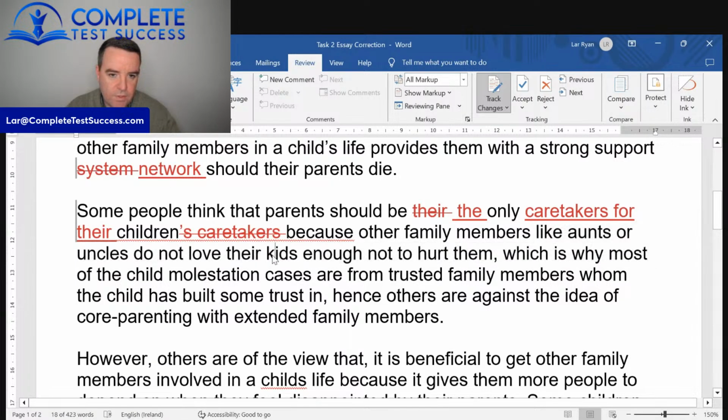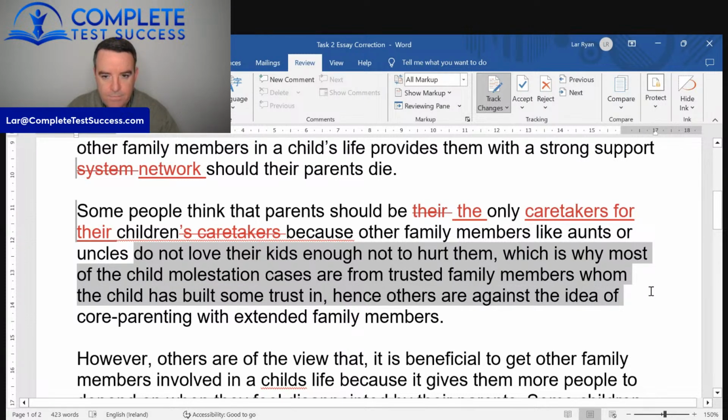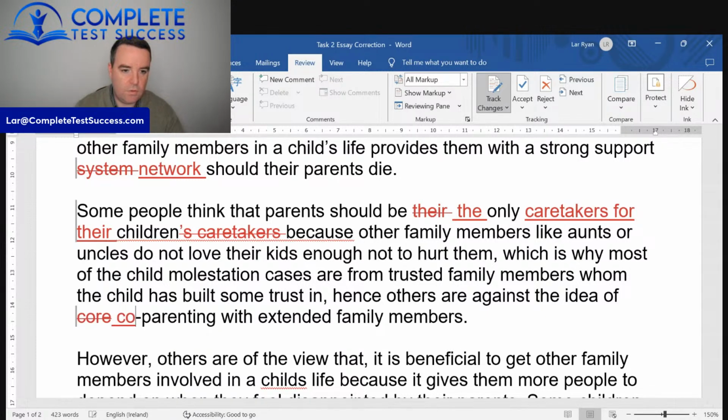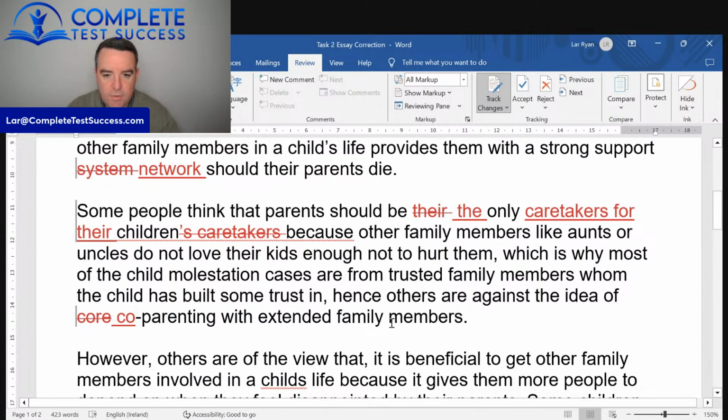Again, that's informal. We talked about that already. Do not love their children enough not to hurt them, which is why most of the child molestation cases are from trusted family members whom the child has built some trust in. Hence, others are against the idea of co-parenting with extended family members. Okay.